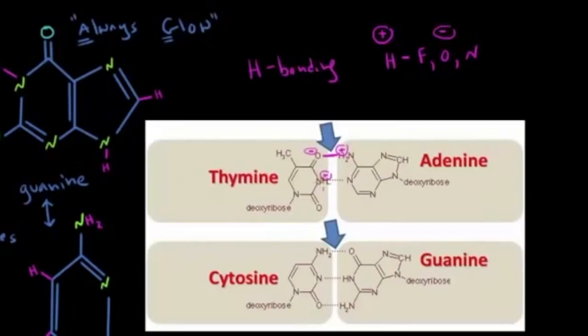Remember, it's positive because the nitrogen near it is very electronegative and hogs all the electrons. And then we have this negative nitrogen because it hogs electrons from the carbons around it. So between thymine and adenine, we're going to have 2 hydrogen bonds. But if you look at cytosine and guanine, there are actually 3 hydrogen bonds between them.